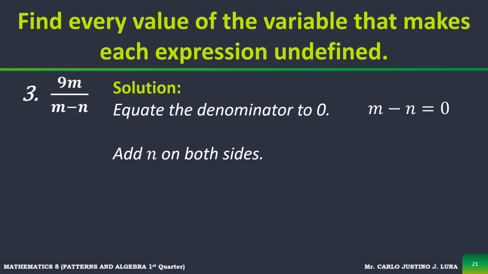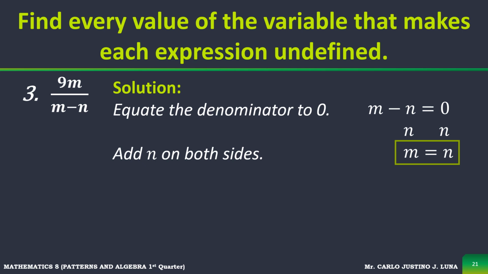Tapos, tatanggalin yung n sa left side. Ililipat sa right side. Paano yun? We will add n on both sides para mawala yung negative n. So, m is equal to n. That's it. Ibig sabihin, the expression is undefined if the variables m and n are replaced by equal values.